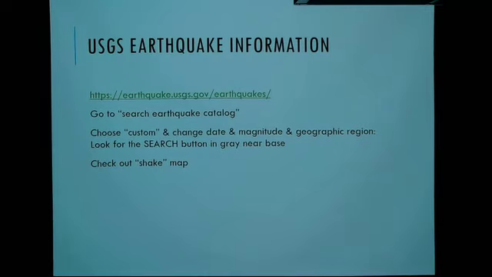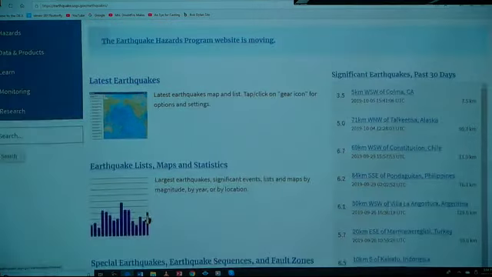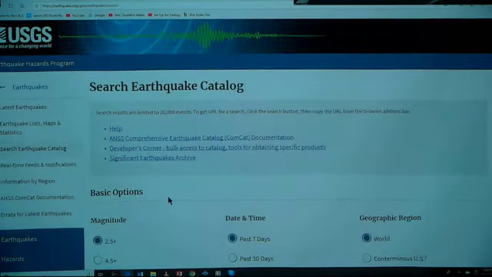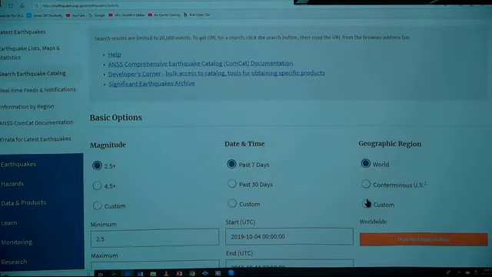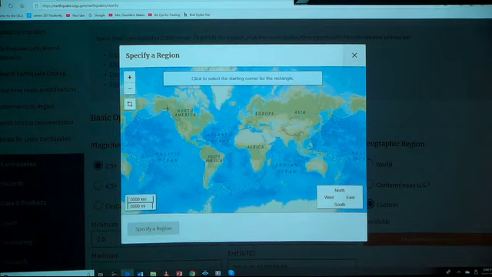Okay, here is the actual earthquake site that you can go to. I'm clicking on it here. And what you can do is go to earthquake catalog, search earthquake catalog. Then you can say, I'm going to do a custom one.